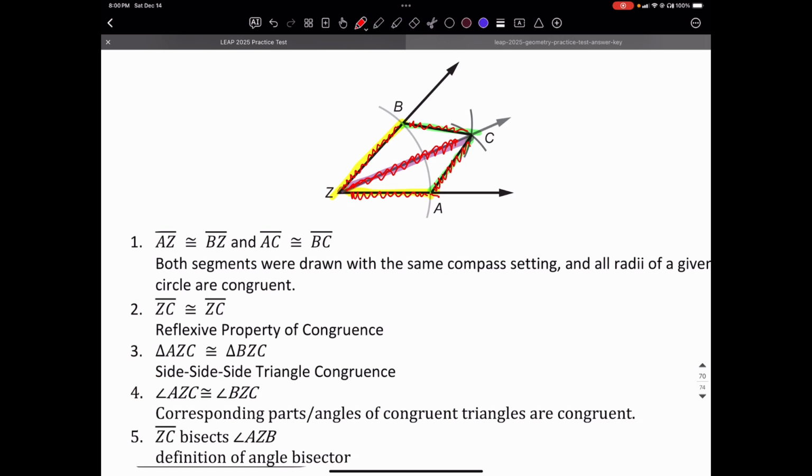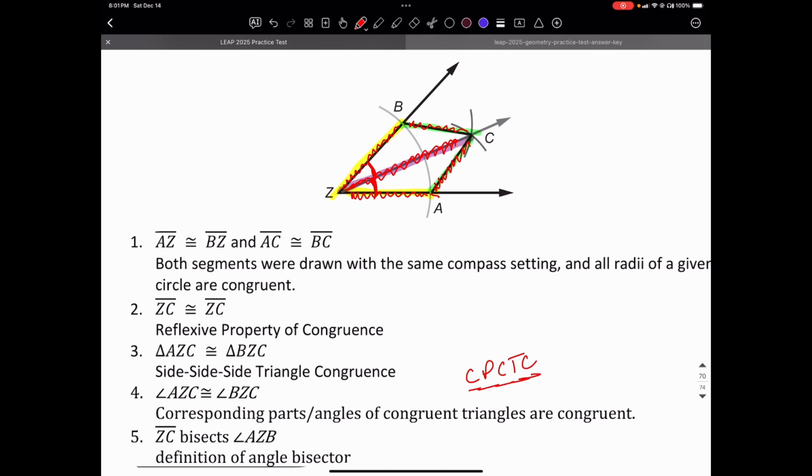So then, number 4, angle AZC, that's this angle here, is congruent to angle BZC, this angle here, right? And that's because corresponding parts of congruent triangles are congruent. CPCTC. You may see this on the test. And that's what that means. Corresponding parts of congruent triangles are congruent.